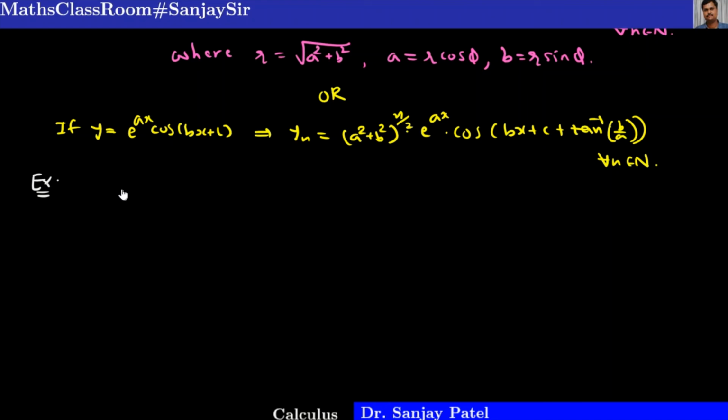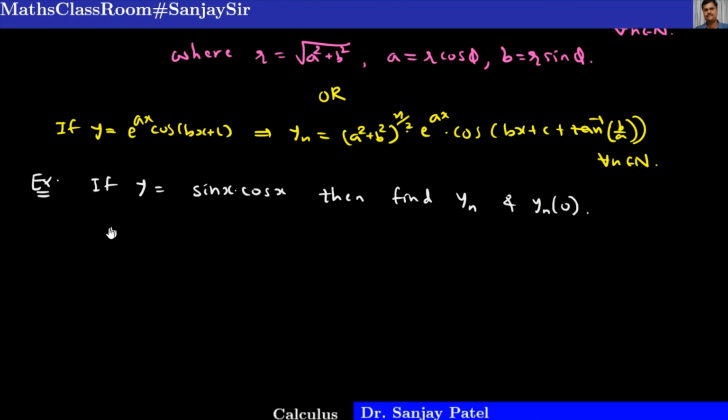Consider y is equal to sin x into cos x. Let me take a very simple example. Then find the value of yn and yn of 0.